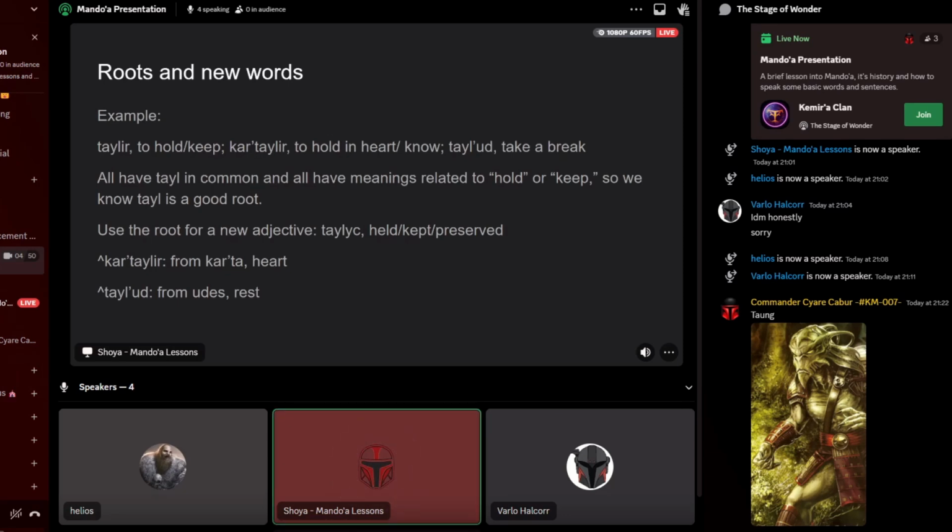And tailud is another phrase that is shortened into a compound but still used as a phrase.